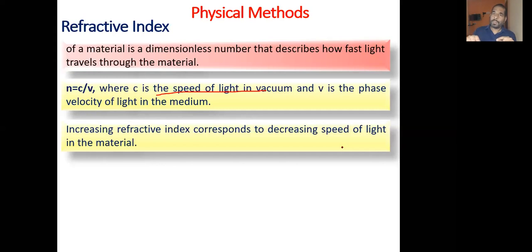So when light passes through water, whose refractive index is 1.33, it slows down, decreasing the speed of light.